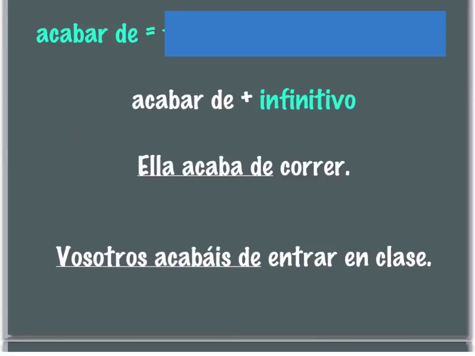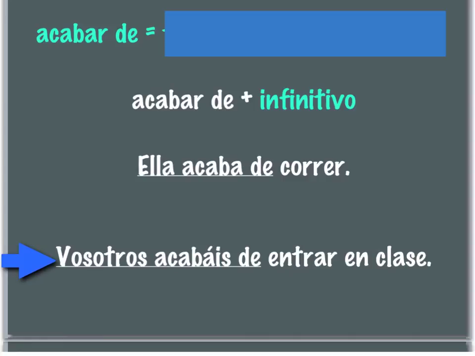So if you wanted to say, she has just run, you could say, ella acaba de correr. How about saying, you all have just entered class? Vosotros acabáis de entrar en clase.